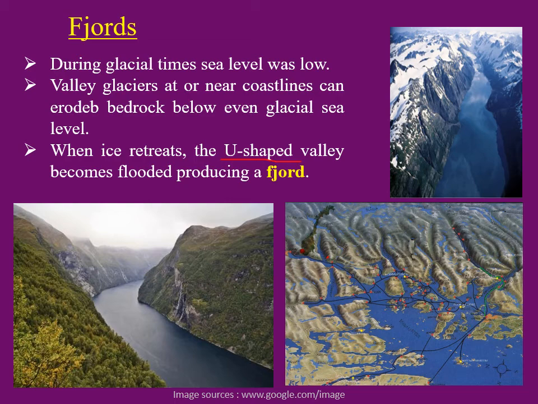That means there is no glacial cover, so the marine water encroaches through the glacial valleys, and these previously formed glacial valleys are now submerged under ocean saline water. These kinds of drowned glacial valleys are known as fjords.